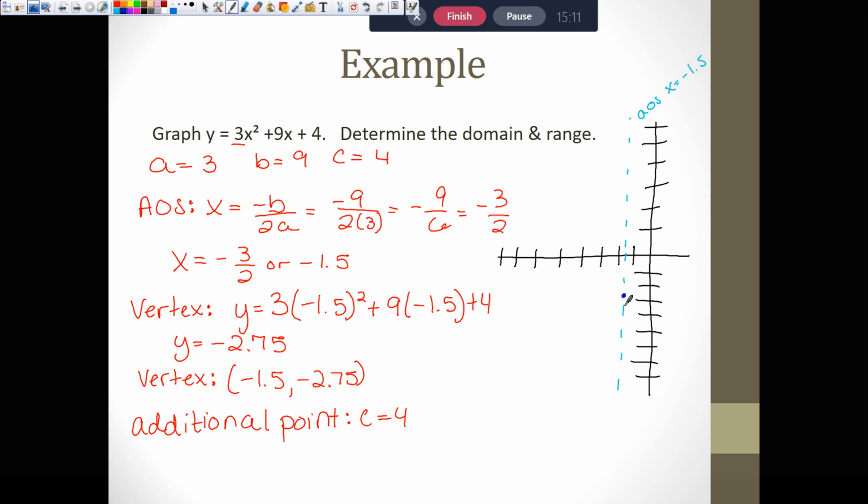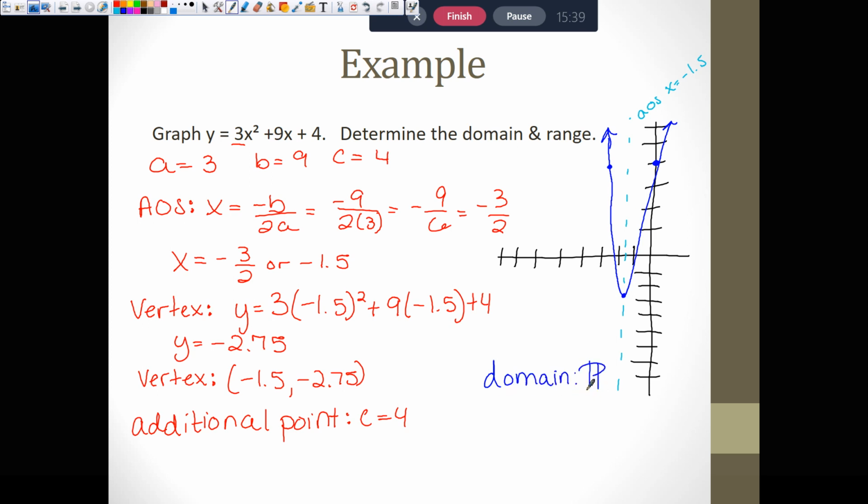So about here. And my additional point is at 4. So then that is 1.5 over, so half 1 and then up to the 4, mirror that over. And this is a narrow graph. And there you go. So now we just have to determine our domain.